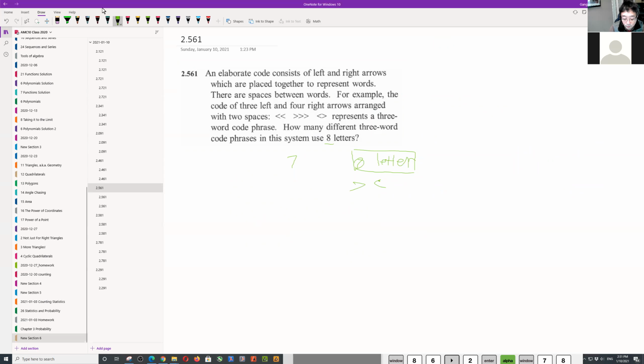So basically there are 2 to the 8th ways, since each position of the letter could be 2 ways.